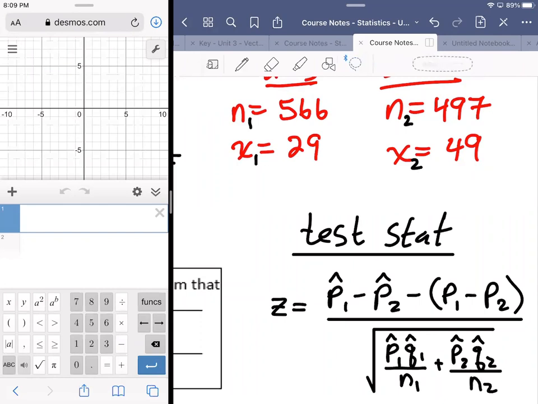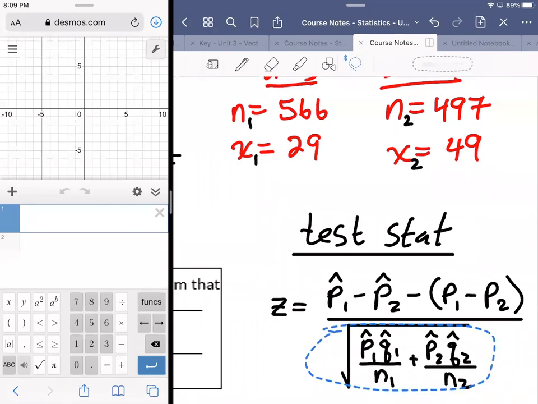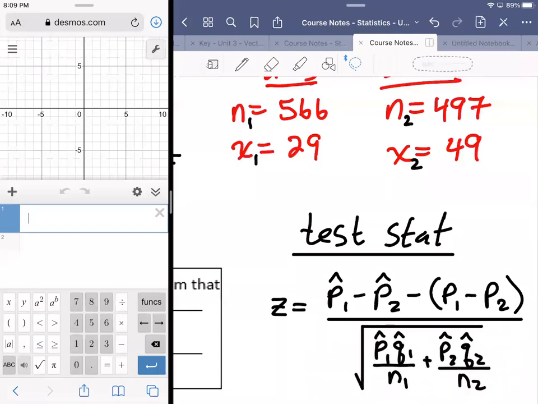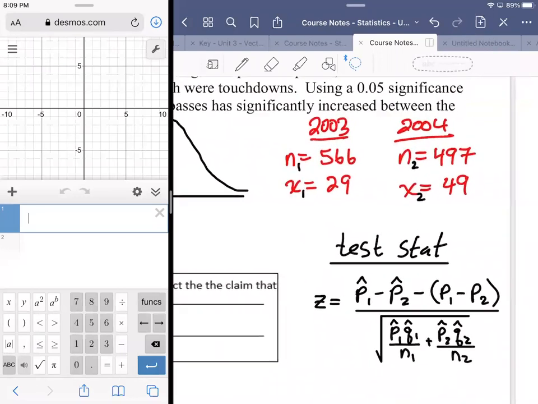There's other variations of the formula, but this one doesn't make any assumptions about the population parameter.